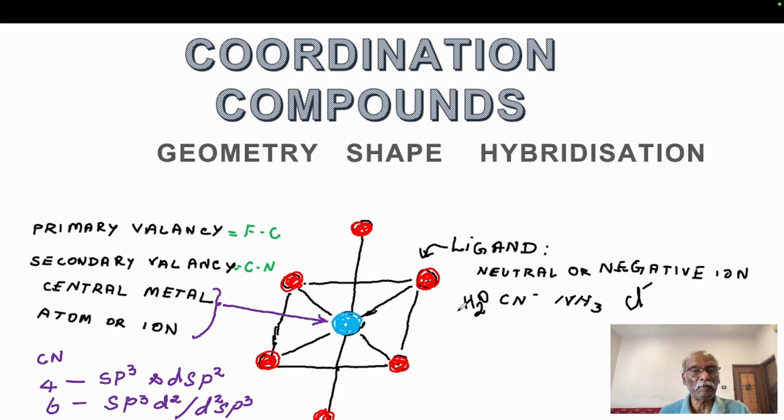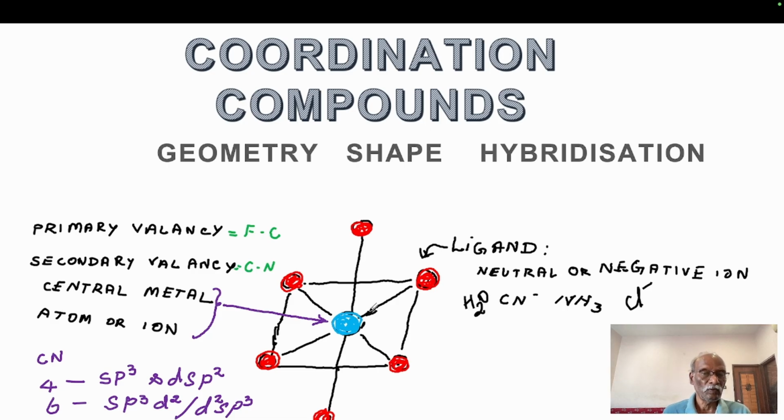They are capable of donating a pair of electrons to the central metal atom or ion and thereby form a coordinate bond. I say again, these species are called ligands. They are capable of donating at least one pair of electrons to the central metal atom or ion so that they form a coordinate bond by donating electrons.